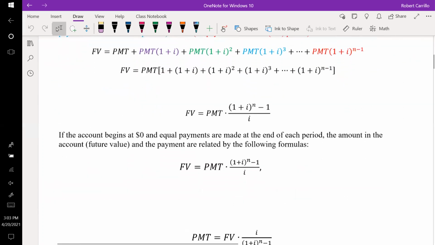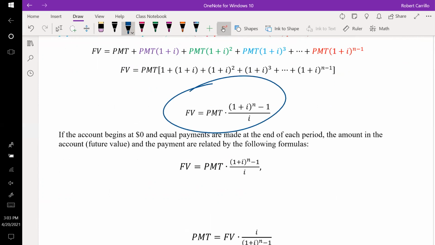If the account begins at 0 and equal payments are made at the end of each period, the amount in the account, the future value, and payment value are related by the following formulas. So what we're doing here is taking the future value formula above and solving it for payment, and then solving it for n.